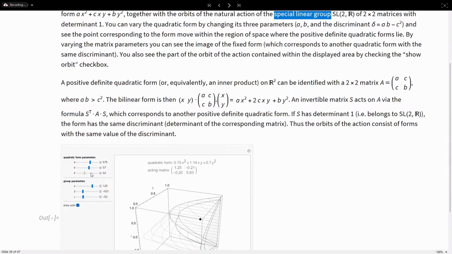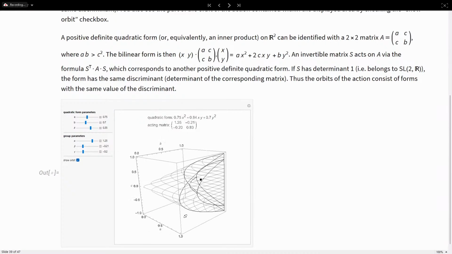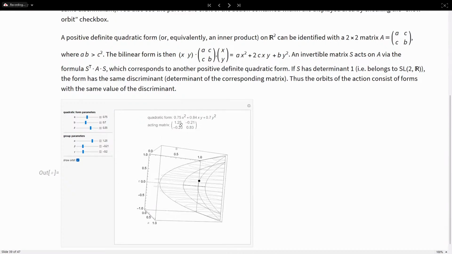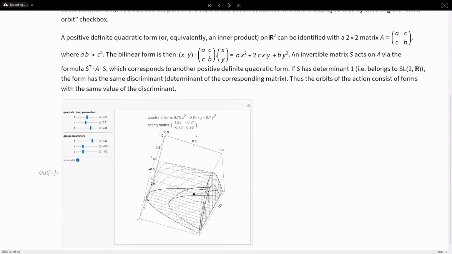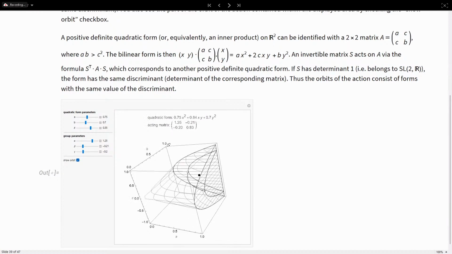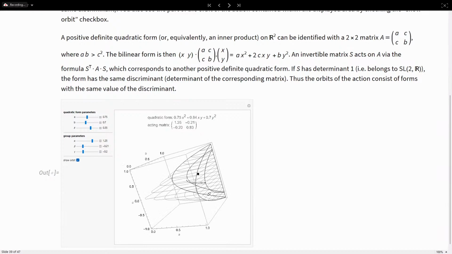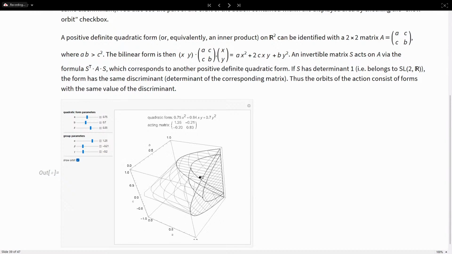And as we modify them, we get different curves and values. And eventually there's an acting matrix which controls everything. So these can get rather complicated quickly. And this is just one example of that.